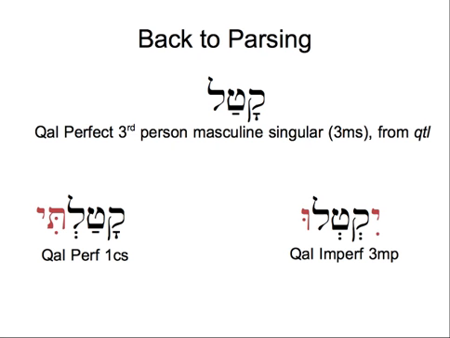I killed, katalti, excuse me. So that is I killed, translating that perfect verb as a past tense. And then there to the right, we have the Qal imperfect third masculine plural, yiktolu. And if it is an imperfect, we would translate that with a future tense, so that would be they will kill, because it is plural.